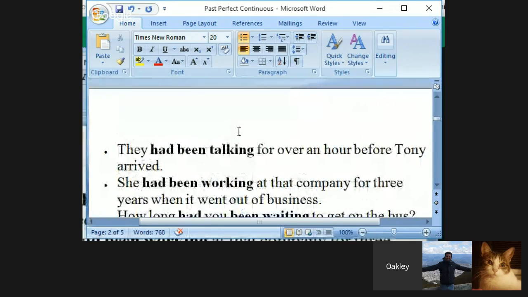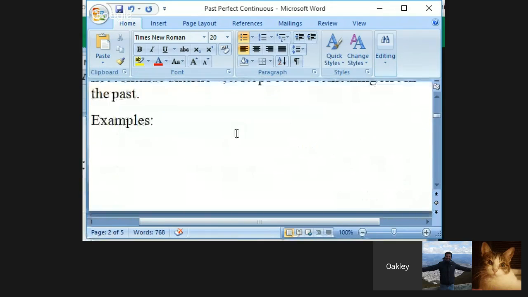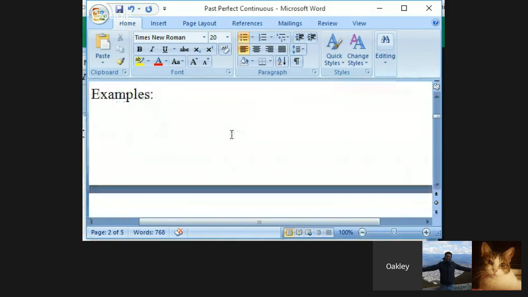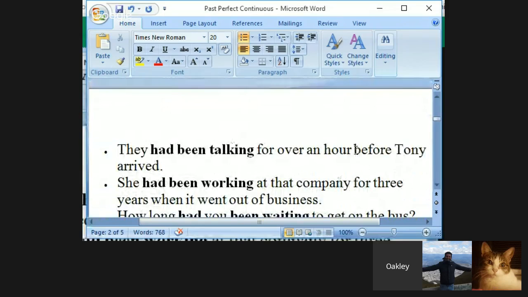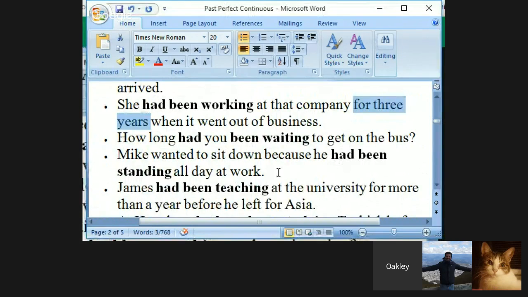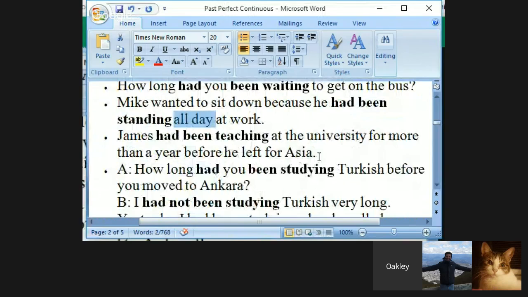In many of our examples, it sounds a little off. Sometimes when you use past perfect continuous, it's going to sound a little off if we don't have this duration, because then the listener doesn't understand why you are emphasizing this verb. Sure, it's a continuous action, but what's the point of emphasizing it?